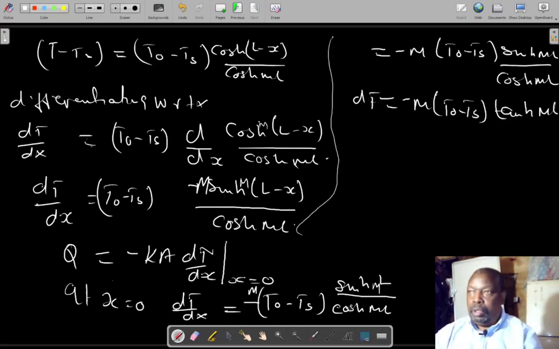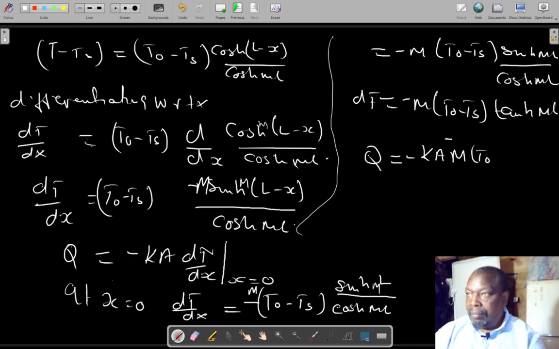And this will give us a rate of heat flow that is equal to minus KA times m, and there is a minus, (T naught minus Ts) tan hyperbolic mL.